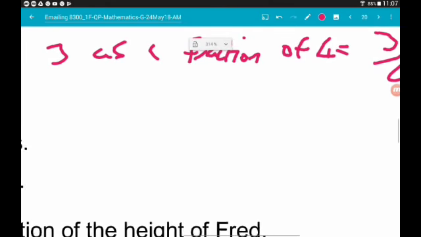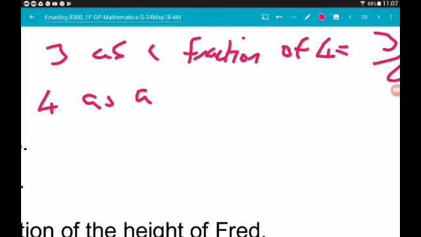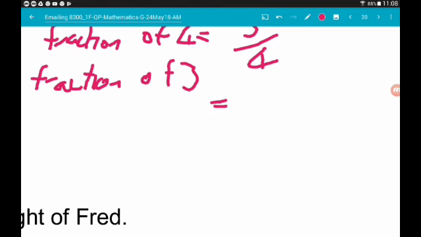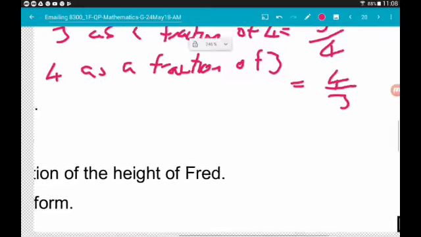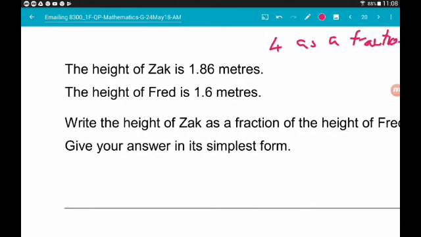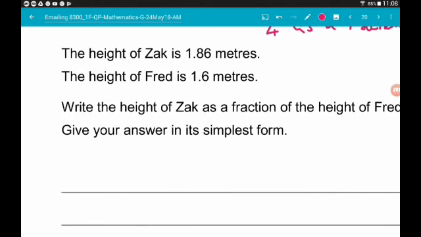If we wanted 4 as a fraction of 3, then it's the other way around. So that would be 4 over 3. So here, if we want Zach's height as a fraction of Fred's height, we want Zach over Fred.